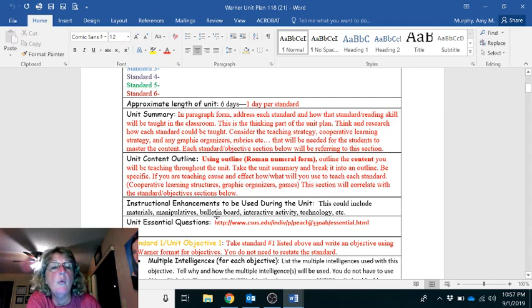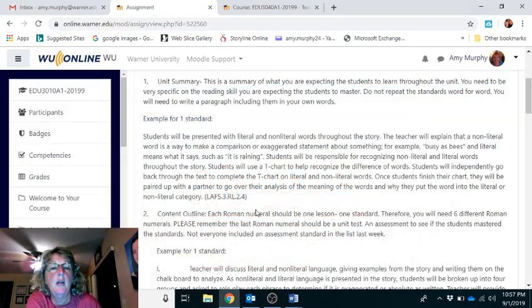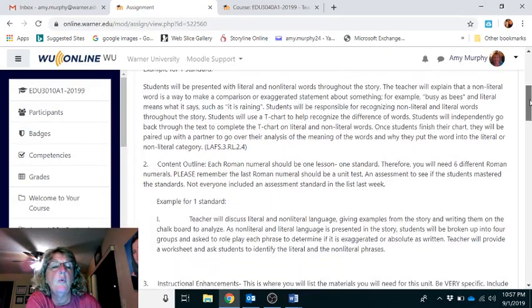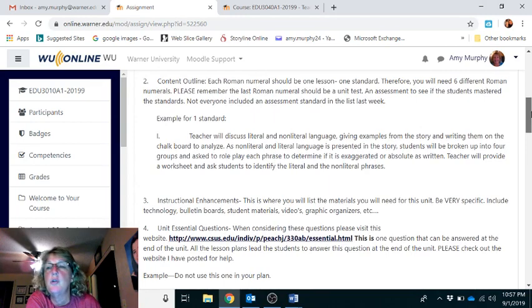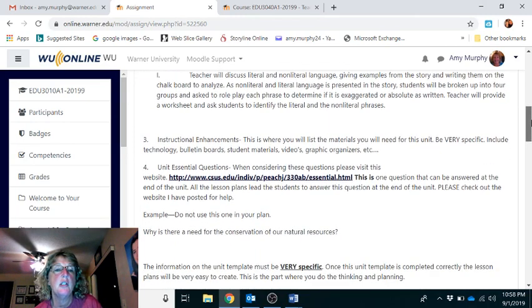That is all we are completing this week. So the directions for the unit summary are here, and then the unit content outline are there. They are also here with examples.